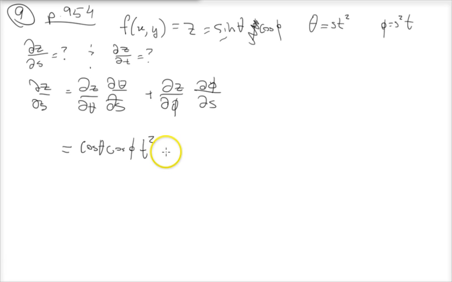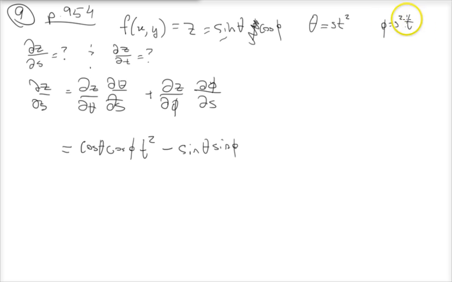And now we take the partial derivative of z with respect to phi. Our sine theta is going to be a constant. The derivative of cosine phi is going to be negative sine phi, so it's going to be negative sine theta, sine phi. And now we have to take the partial derivative of phi with respect to s.